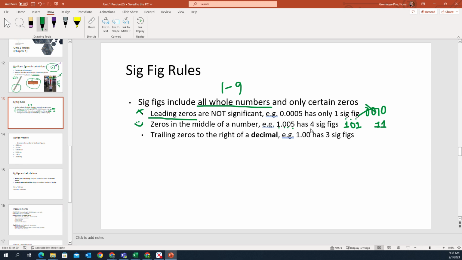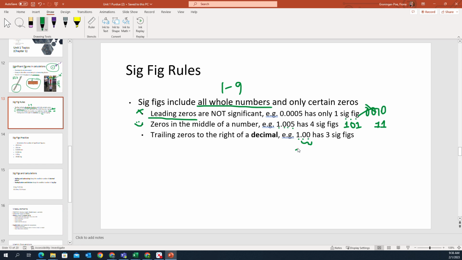That is significant. Where it gets tricky is trailing zeros to the right of a decimal are going to count. So if you have a measurement like 1.00, every single one of these, because these zeros are to the right of a decimal, is going to be sig figs. So 1, 2, 3, those are sig figs.